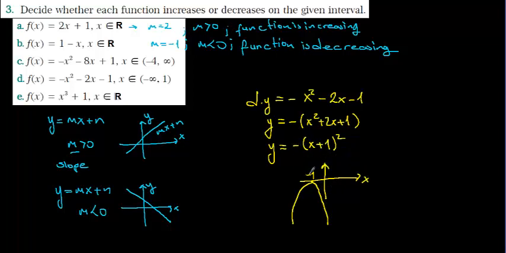because the coefficient here is minus. If it is positive, it should look up. If it is negative, it should look down. Okay, they are asking minus infinity to 1. So it's going to be from minus infinity till 1.